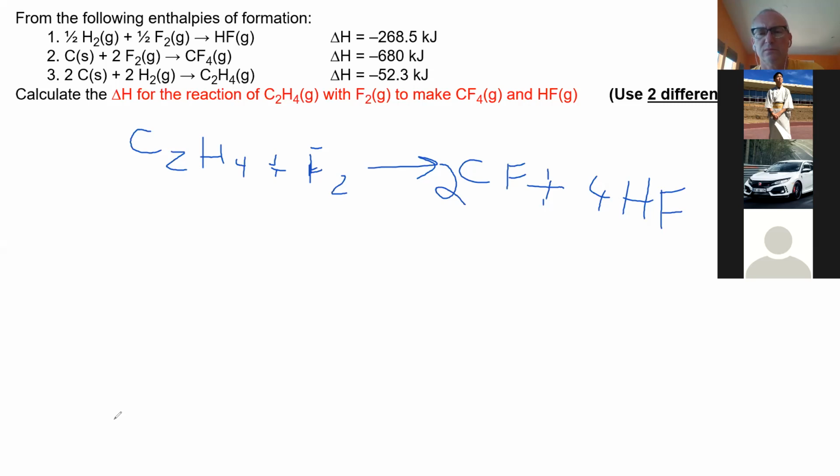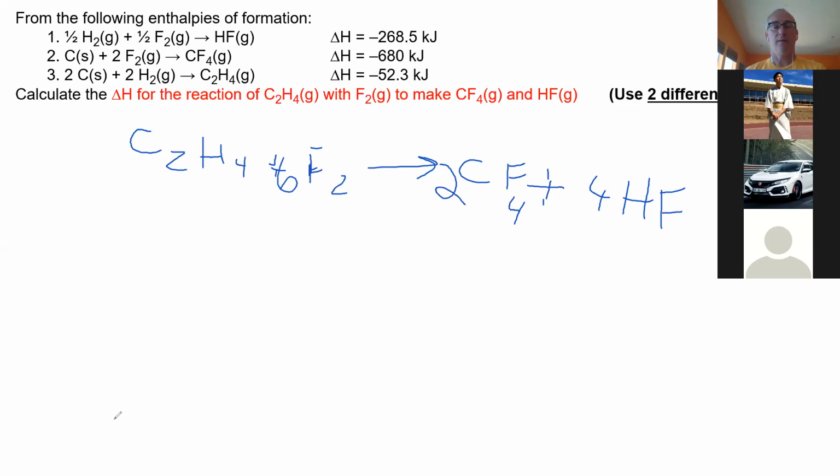Wait, I got 6, don't I? So you have F4. Oh, F4, of course. You're absolutely right. So there's 4 and 8, 12. So 6 moles of fluorine.